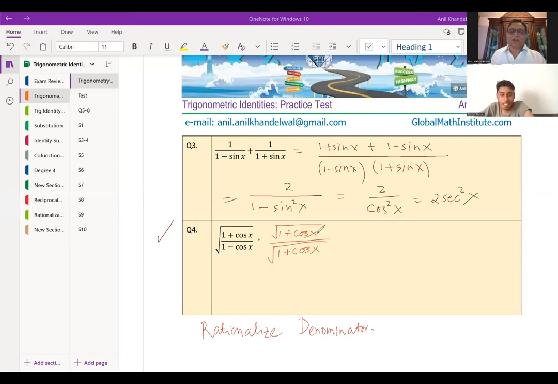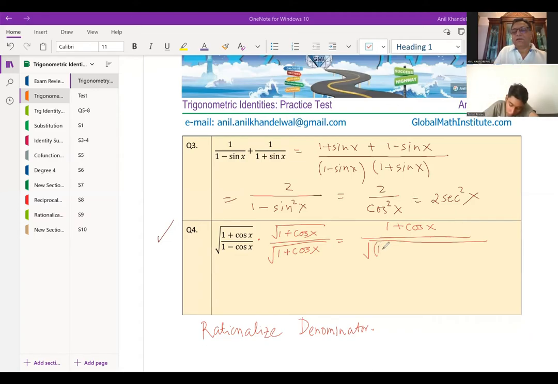So now, when I multiply, the square root of 1 plus cos x times the square root of 1 plus cos x is the square of this. I could write the numerator as 1 plus cos x, correct? And the denominator, 1 minus cos x times 1 plus cos x, is what? Within the square root, I get a square minus b square.